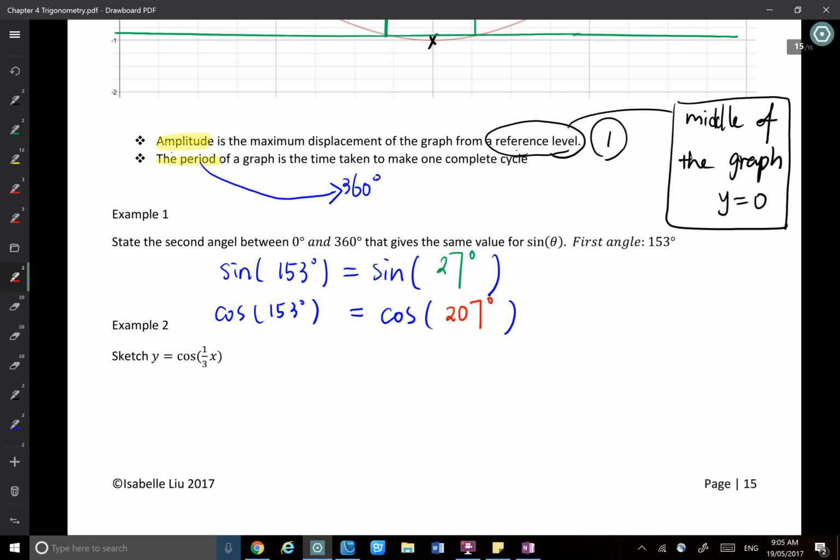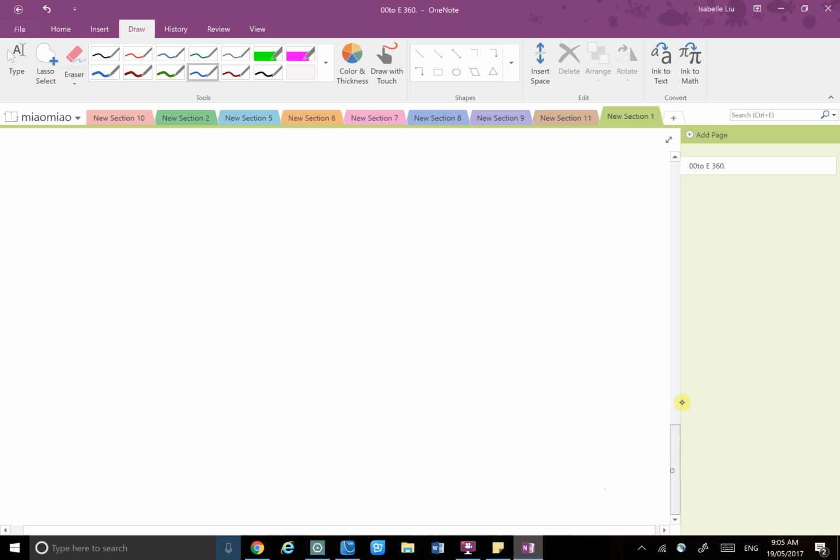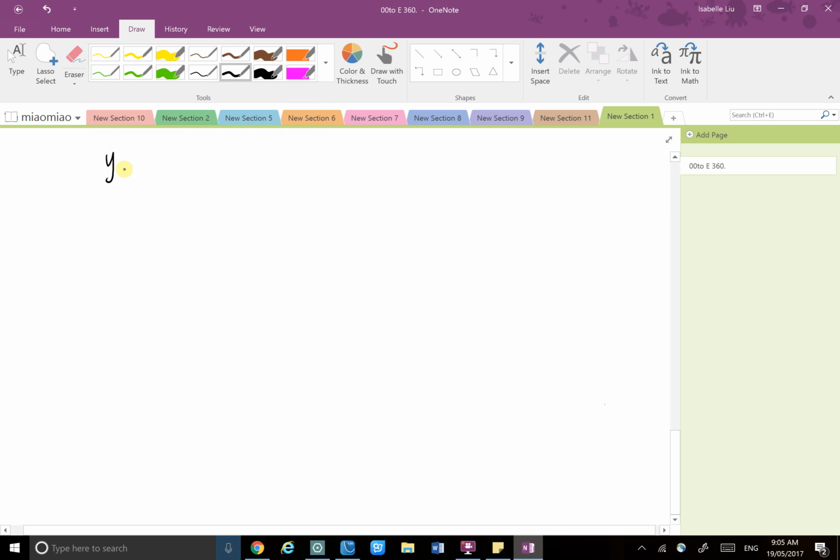And if we can sketch it, let's write this down. We have y equals cosine 1 over 3x.